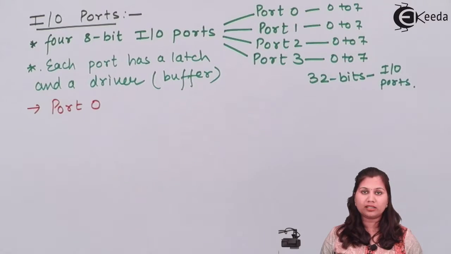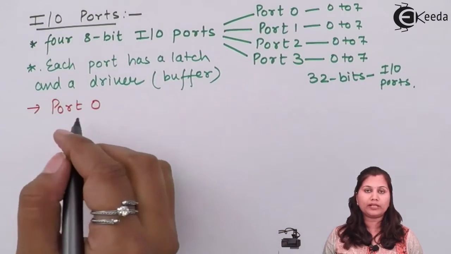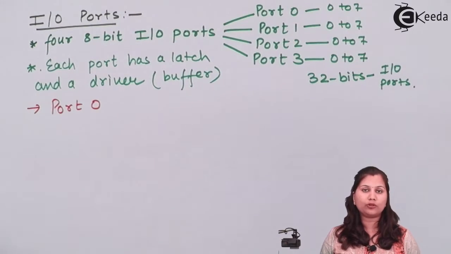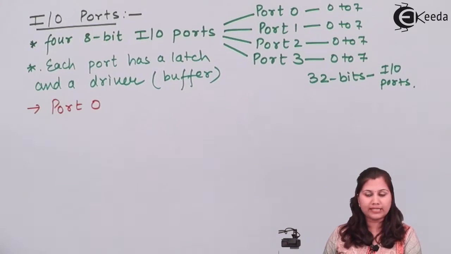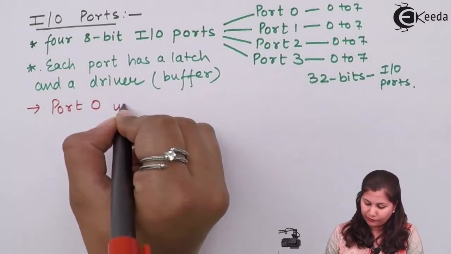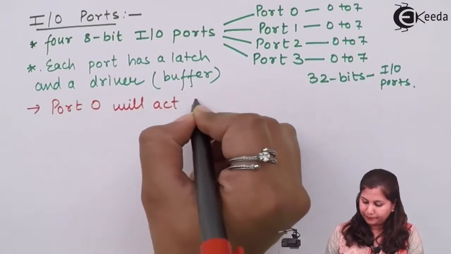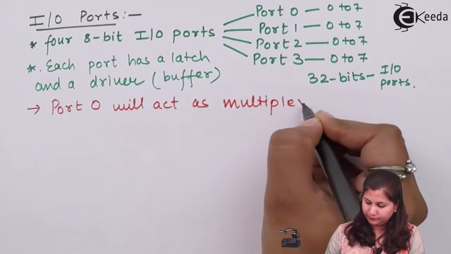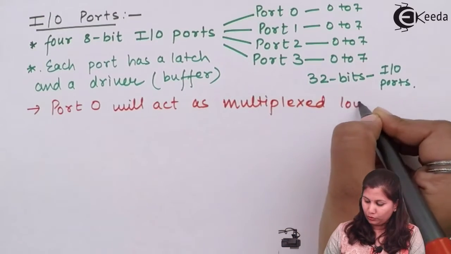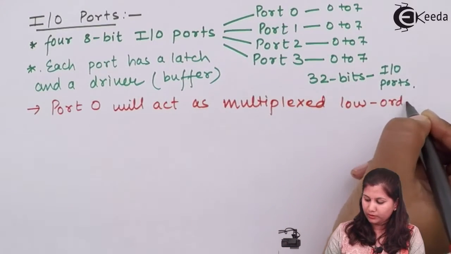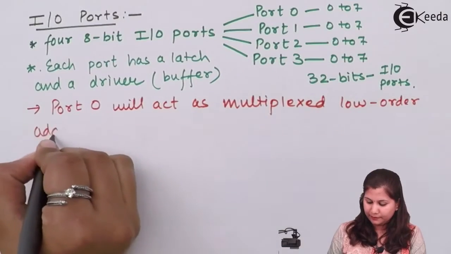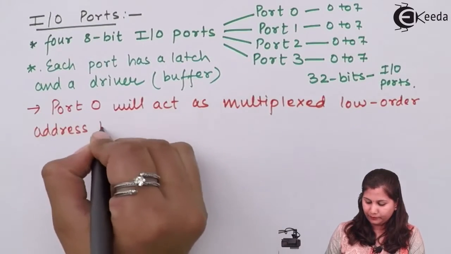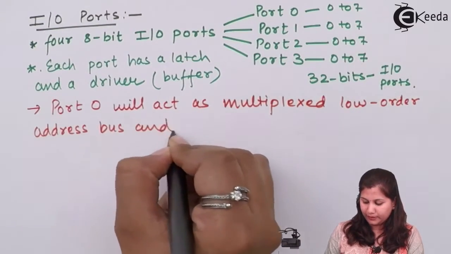So whenever external memory is present in the microcontroller, this port 0 can be used as the multiplexed lower order address bus and the data bus.